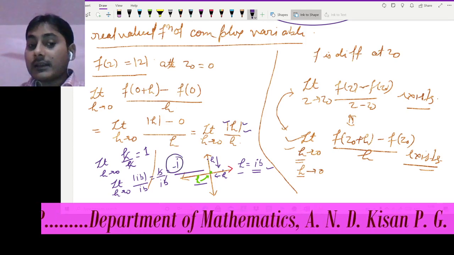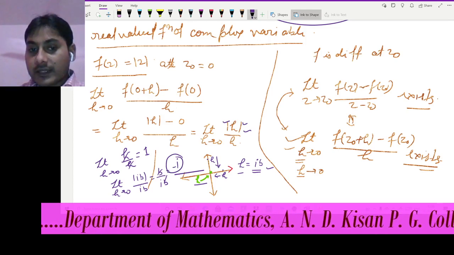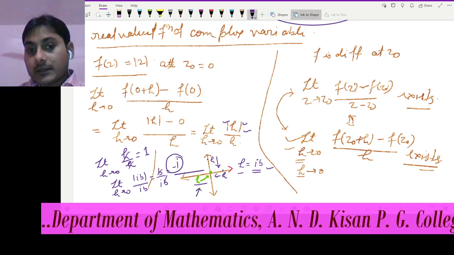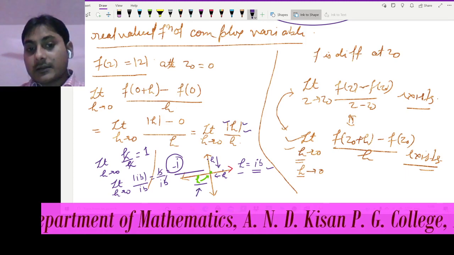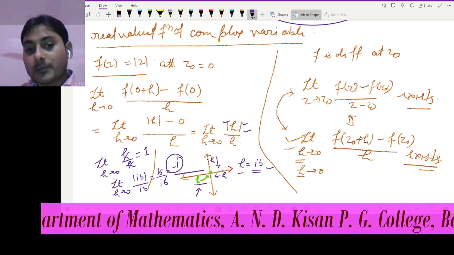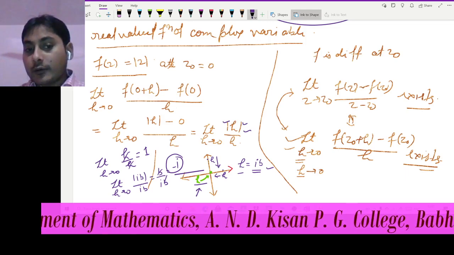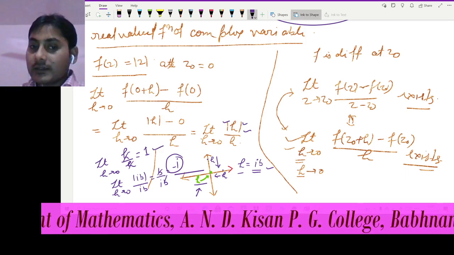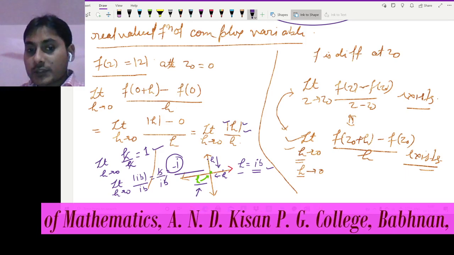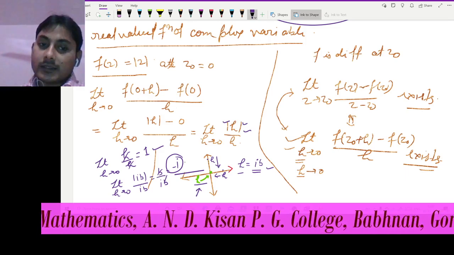So you can observe that when h is approaching 0, along the real axis you are getting 1, but when h is approaching 0 along the y axis you are getting minus i.